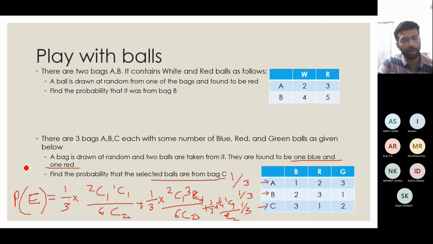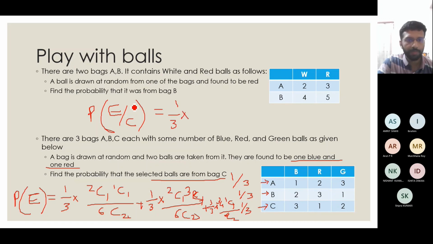Now I found the total probability of choosing 1 blue and 1 red ball from all 3 bags. The question is to find the probability that the selected balls are from bag C. This will be my numerator, and in the numerator I will put the probability of E given that the ball was from that bag, that will be 1/3 into, in this case bag C, right?